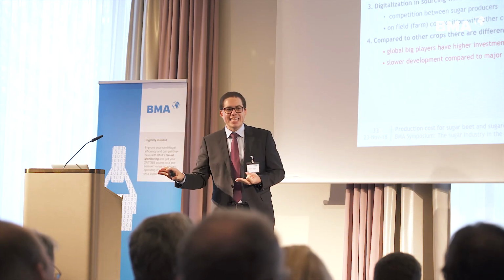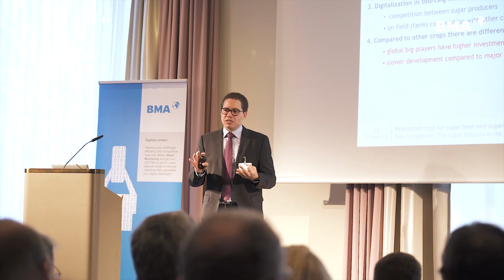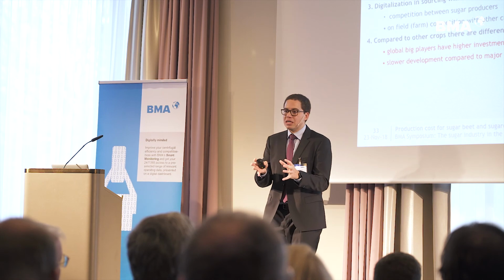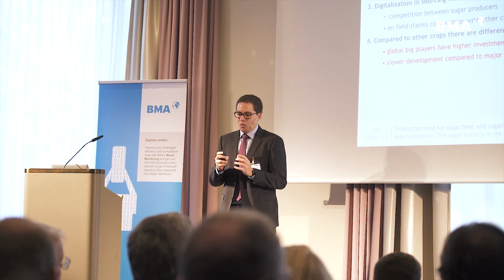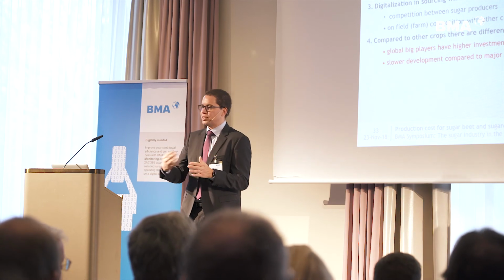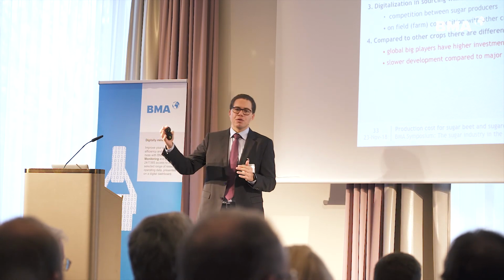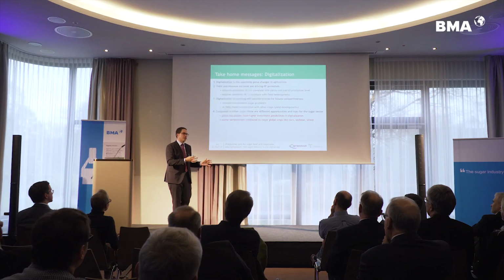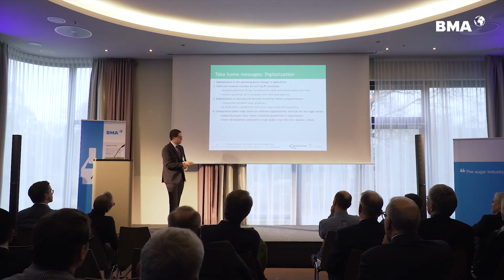And I think this is one of the challenges of the sugar industry, that probably the sugar mill or the sugar suppliers will need to invest a lot to generate such solutions for the farmers, because it might not come from the normal worldwide suppliers as it does for corn and wheat. So that's one of the problems.